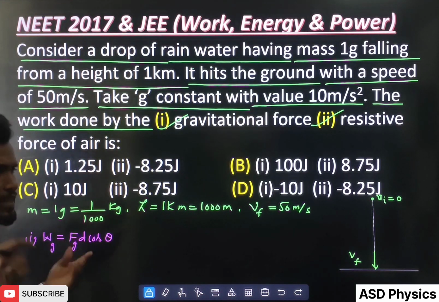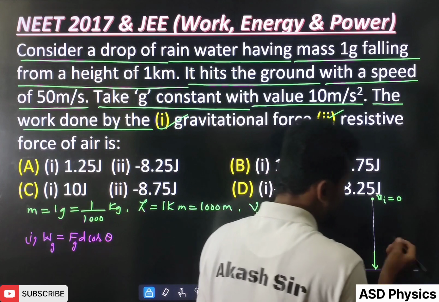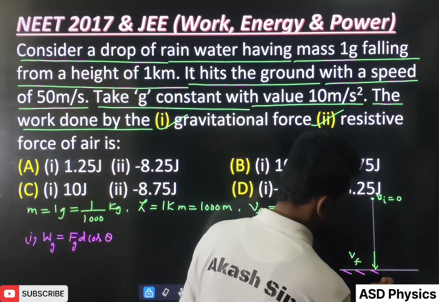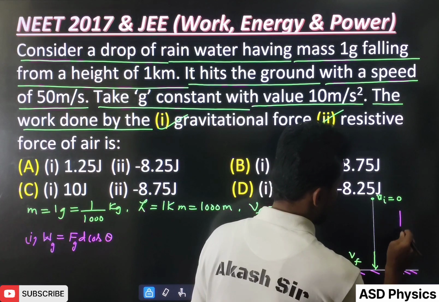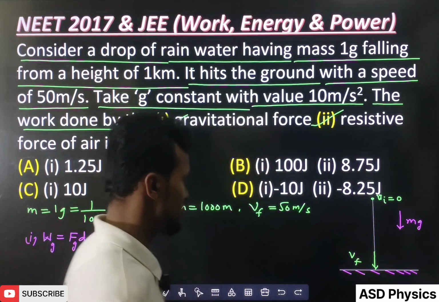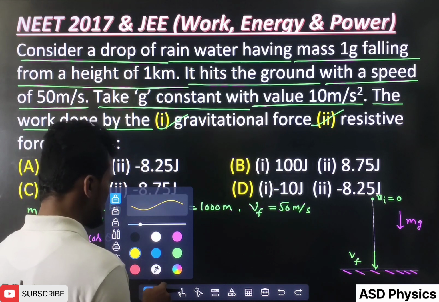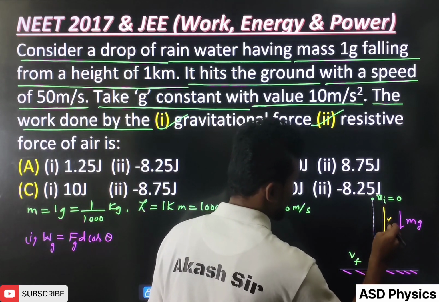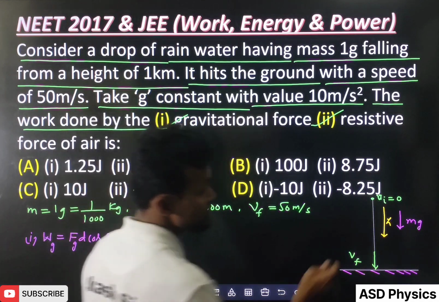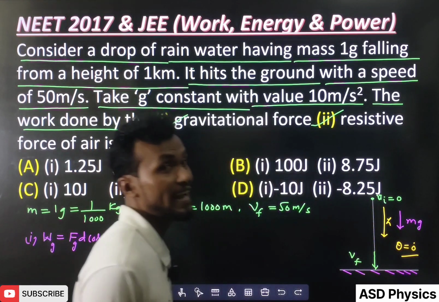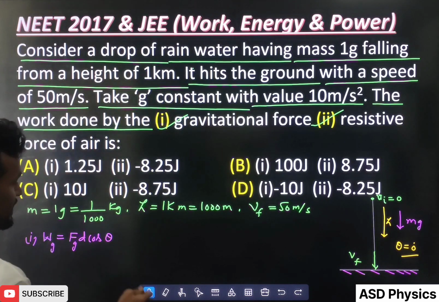The gravity is acting in the downward direction because this is the surface, so mg will also act on the drop in a downward direction. Now, d is the displacement. Displacement is also in the downward direction because the drop is falling downward. So both the arrows are in the downward direction. Here theta is 0. Theta is the angle between the force and the displacement.